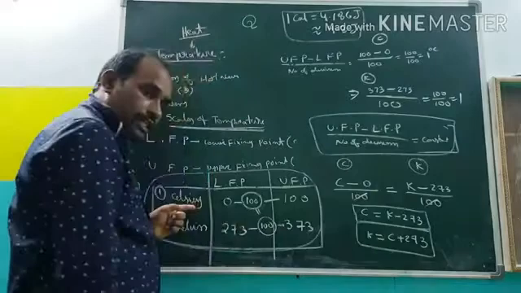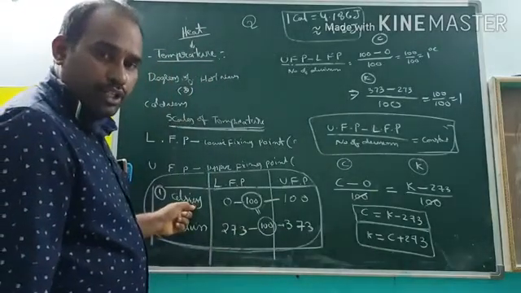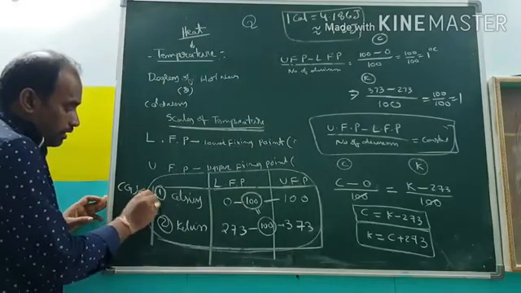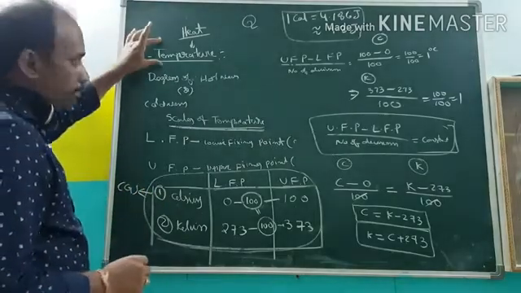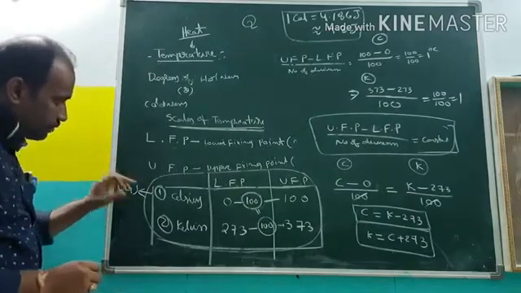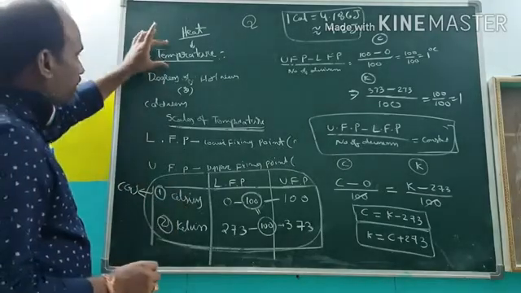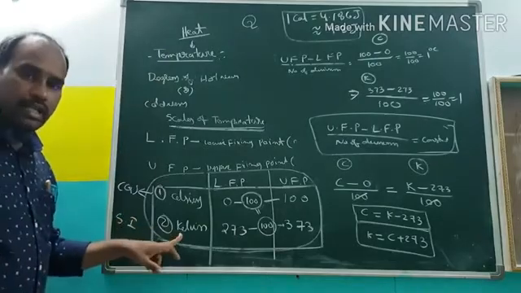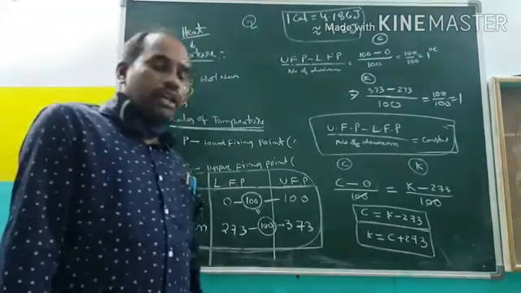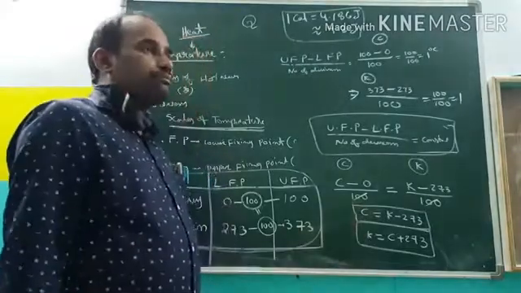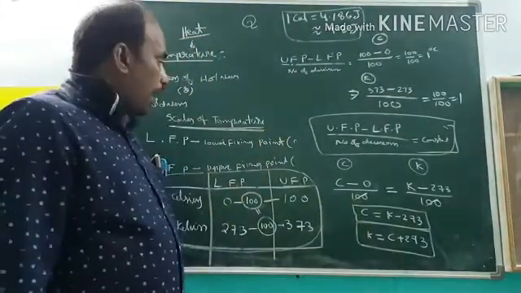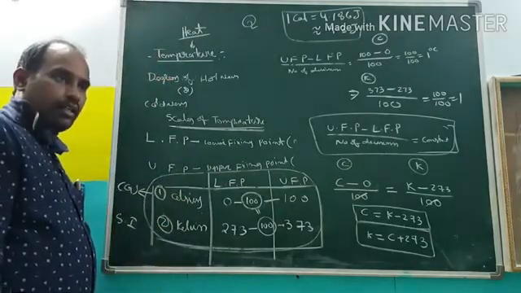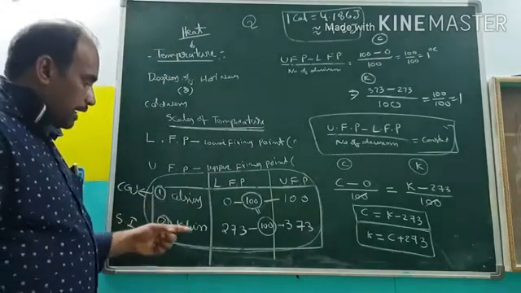Remember one point: the Celsius scale is the unit of temperature in the CGS system. The unit of temperature in the SI system is taken as Kelvin. Are you clear? For 10th class students, there are mainly two different temperature scales: Celsius and Kelvin.